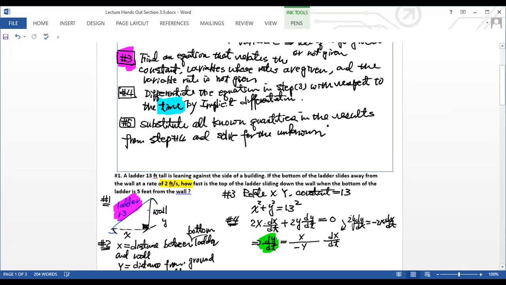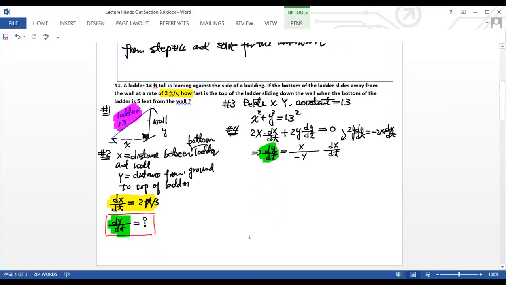Back to step 4, what I want to find is dy/dt. Number 5 says go back to your problem, see all the unknowns, and substitute all the knowns here. So dy/dt is equal to, and there's one other constant I did not use here.